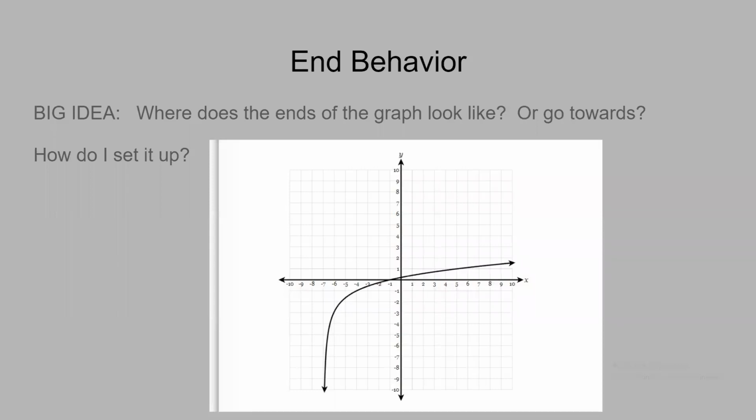It'll be as x approaches negative infinity. Or this one means as x goes all the way over here, we're over here on my x-axis. If this thing was extended out, this part is negative infinity.